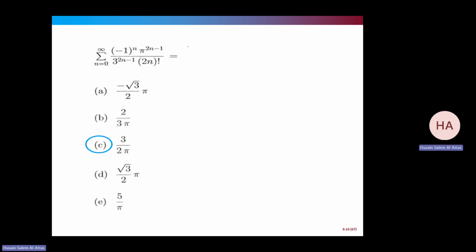Need to rewrite this. So this is summation, pi to the power 2n minus 1 over 3 to the power 2n minus 1, times 2n factorial. Since I have 2n factorial, I think about cosine. So let me make it in the same format.